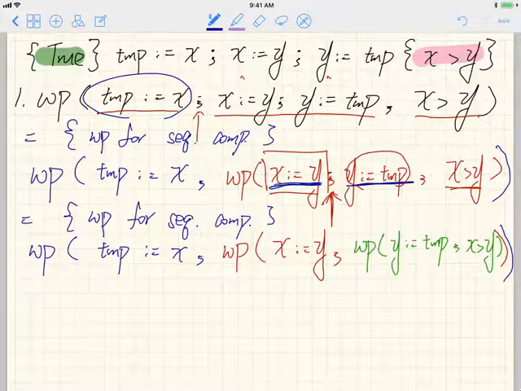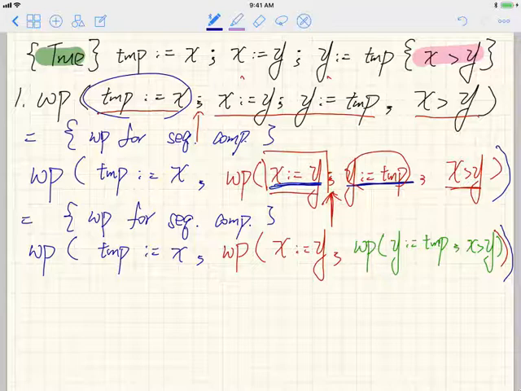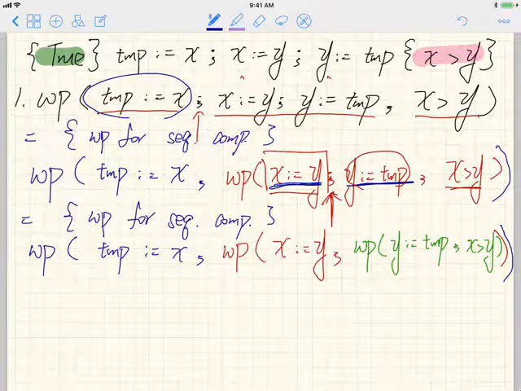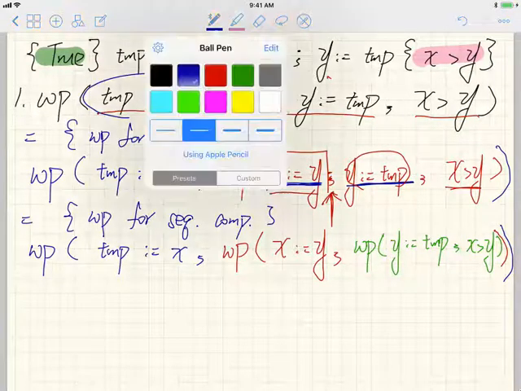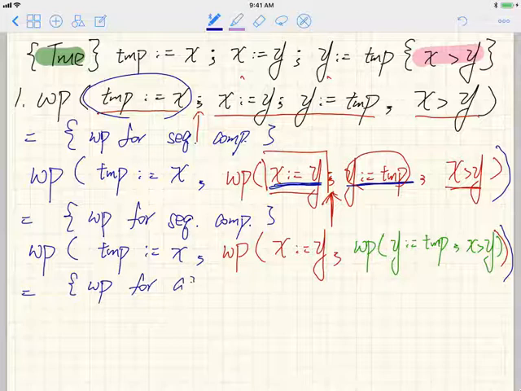Any idea? Remember what the weakest precondition rule is for assignments. We're gonna basically substitute every instance of y by temp in the postcondition there. That's what we're gonna do. Okay, let's do it. Now it's gonna be the WP for assignments.